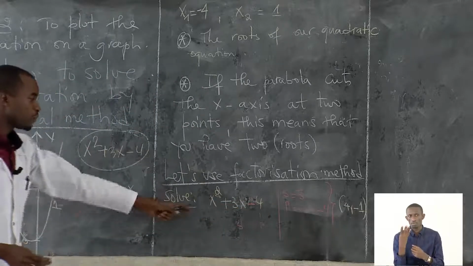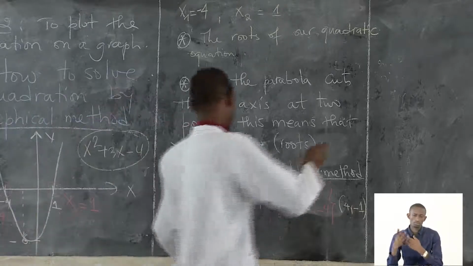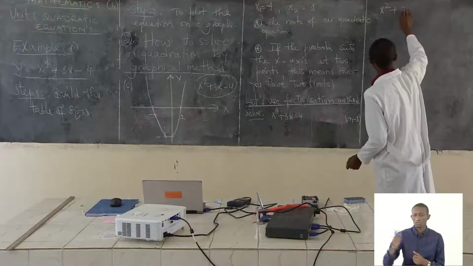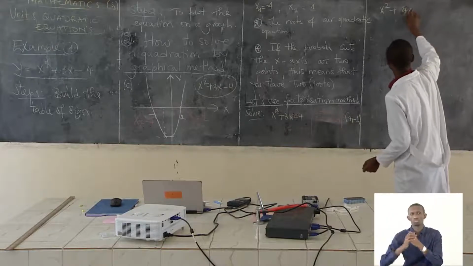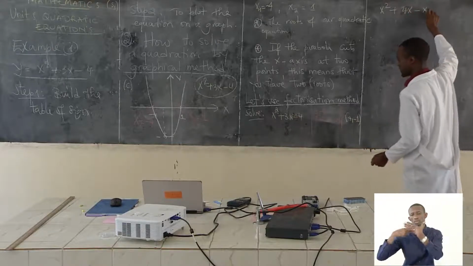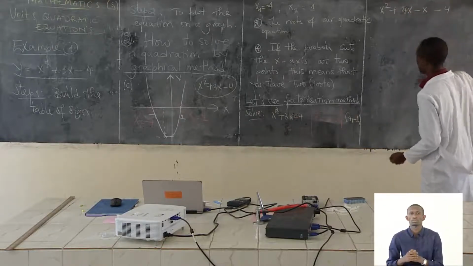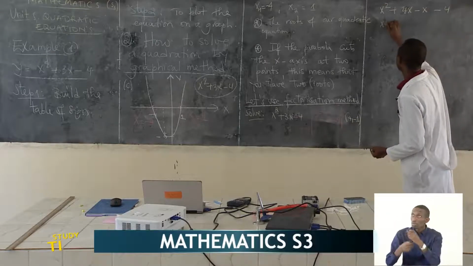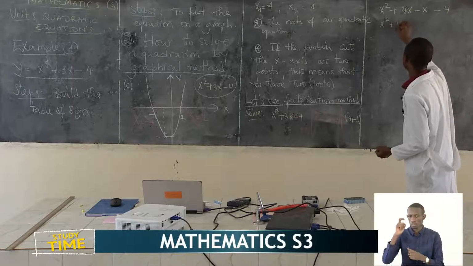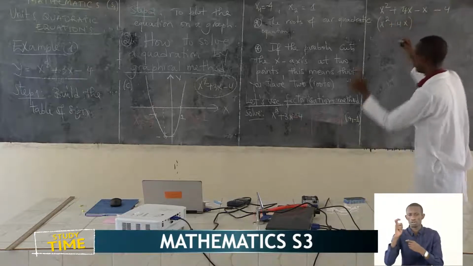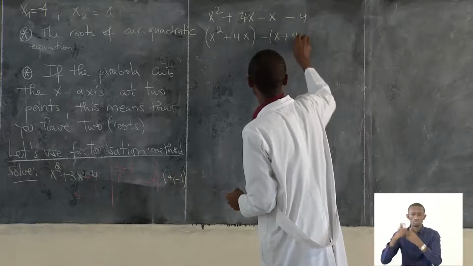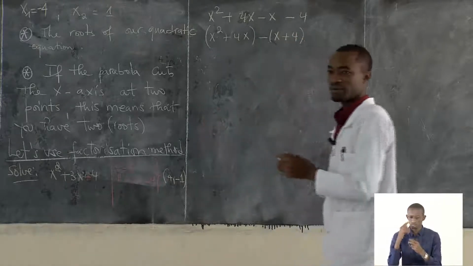And if I do work on this, what do I get? I get x squared plus 4x minus x, and then -4. Do you see? From here you get x squared plus 4x, I put them together, minus x minus 4, I also put them together.